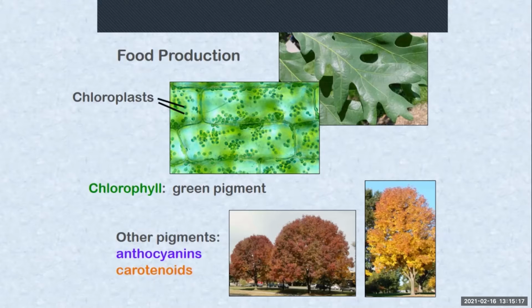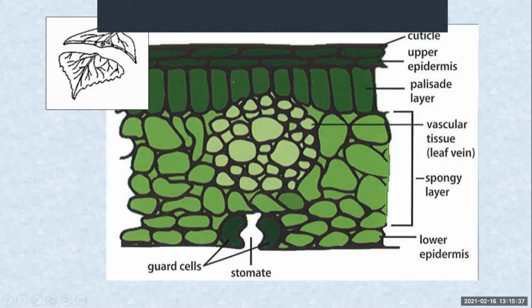Once that chlorophyll breaks down, some of these other colors start to appear in the leaves. So let's look at the anatomy within a leaf. If we were to cut a leaf across this way, this is what we would see, and this is a diagram that's in your book.